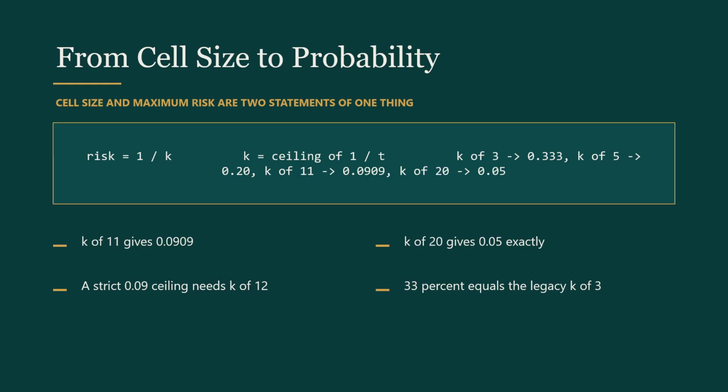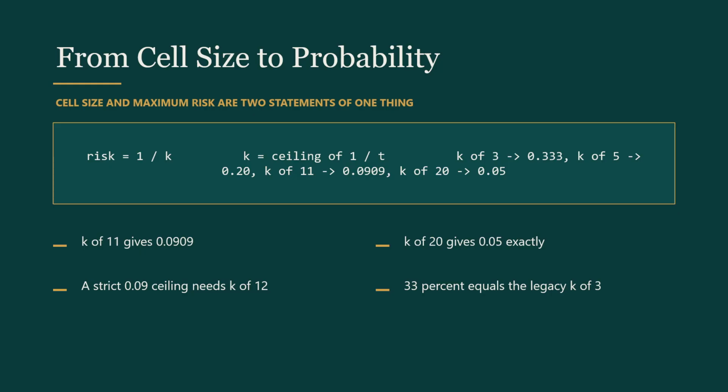So a strictly enforced ceiling of 0.09 actually requires a minimum class size of 12, not 11, because 1 over 11 is 0.0909, which is very slightly above 0.09. Practitioners and policies treat 11 and 9% as equivalent, and in the real world that rounding gap is inconsequential, but you should know it is there, and you should never let a reviewer be the one who notices it.